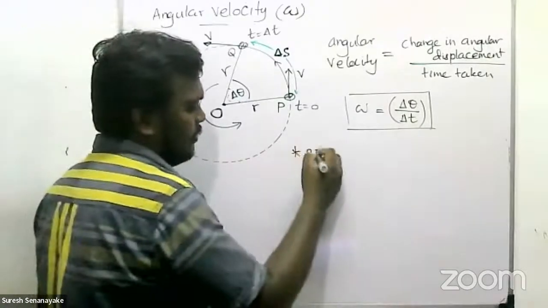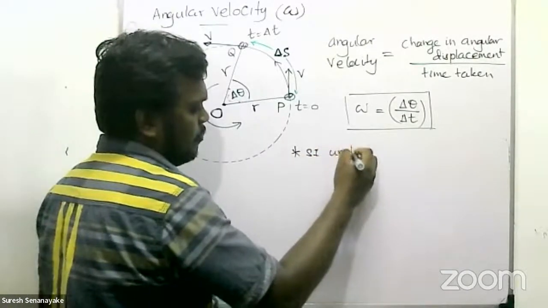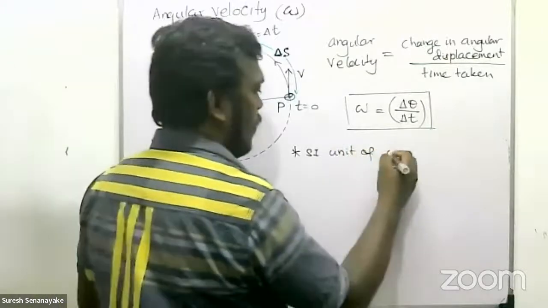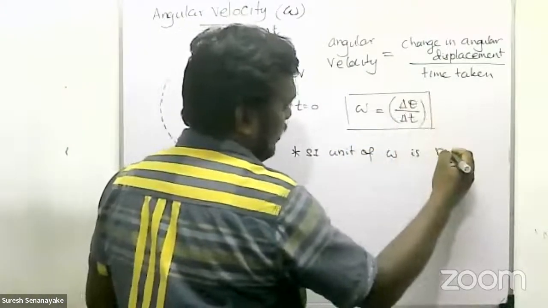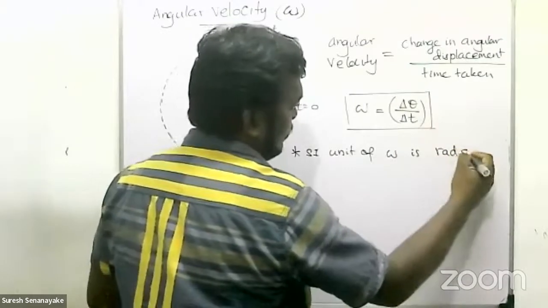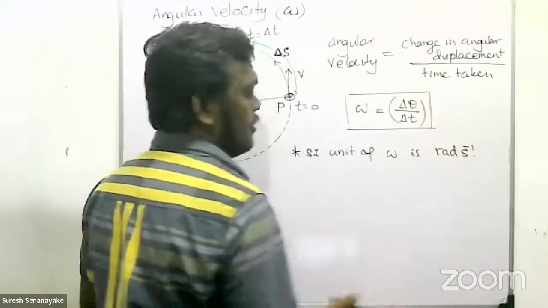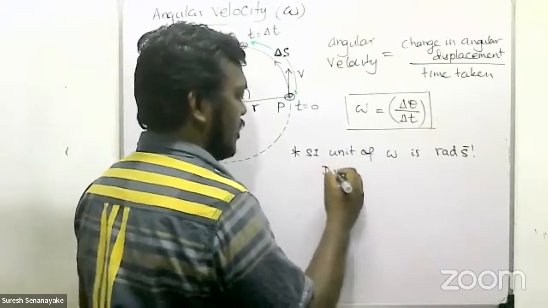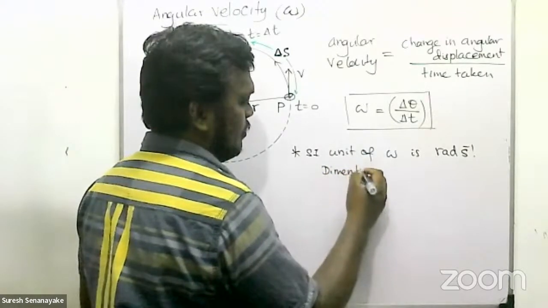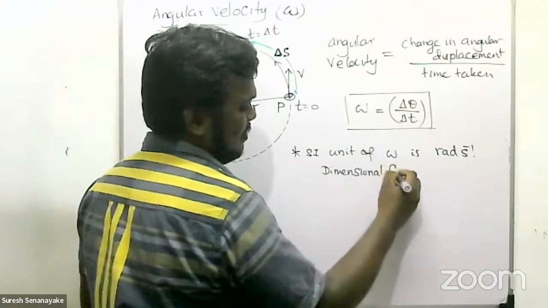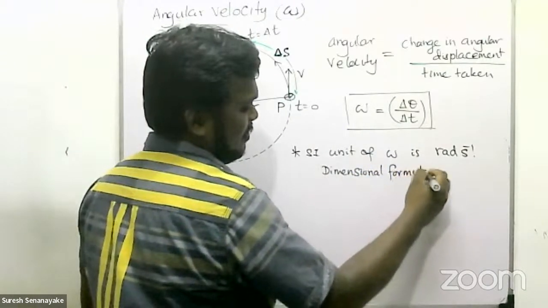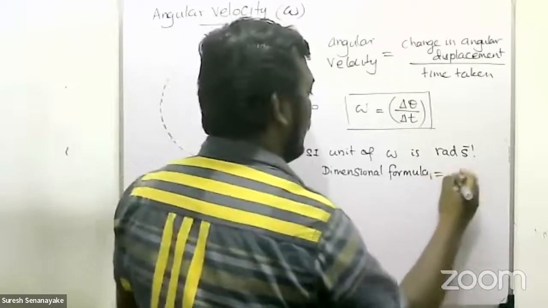The SI unit of omega: theta is measured in radians and time in seconds, so that's radians per second. That's the dimensional formula, T minus.